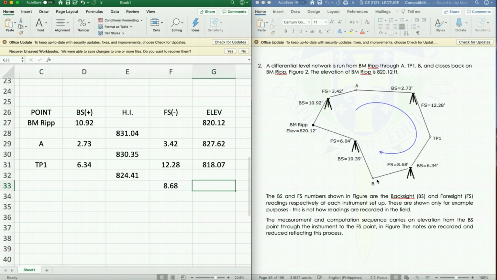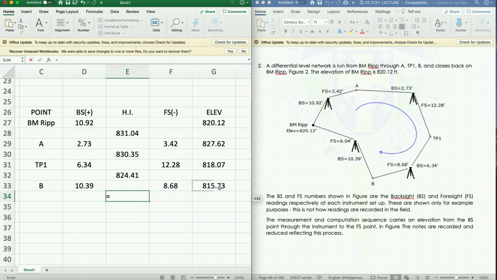Then we can get the elevation of B. So this is point B. The elevation is equivalent to this minus this. Then we get the backsight of B. The backsight is 10.39. Then we can get the height of the instrument.